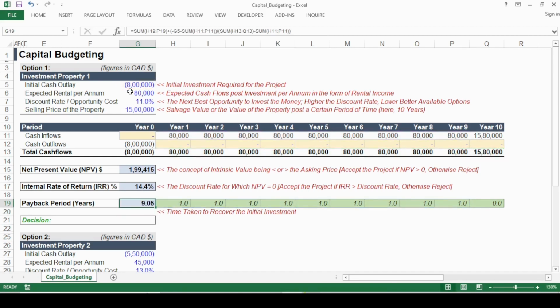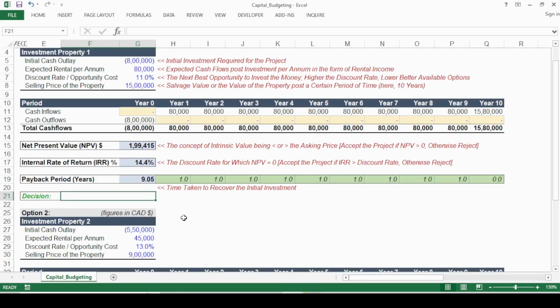Alright, so as you can see, the payback period in years is going to be 9.05. The payback period is considered when it is important for the company to recover the investment in the shortest possible time. So in that case, the projects can be compared on the basis of the payback period.